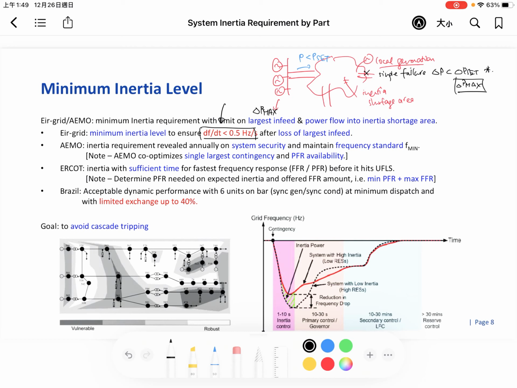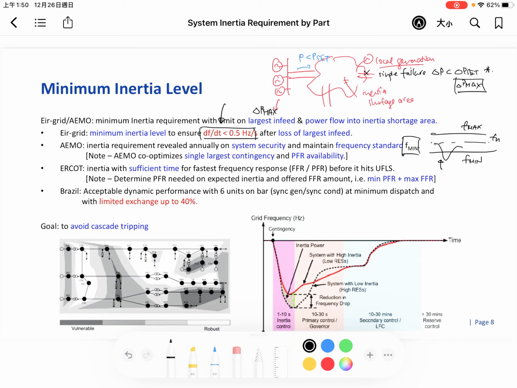AEMO says that they will review it annually on the system security and also maintain the frequency standard, which means the F min. Normally, the power system planner will have a minimum and maximum frequency requirement on the grid, and it is a nominal frequency, and it cannot drop so low.